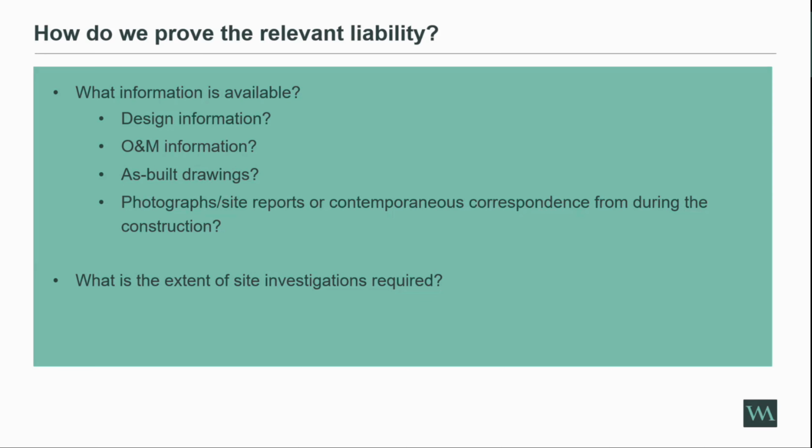One of the other points is it's all okay if we've got loads of information, but when we actually start opening up, say, for example, external walls, we discover that what was built wasn't anything like what was designed, and that can either be in a good way or in a bad way, and it's that extra step that we need to look at.